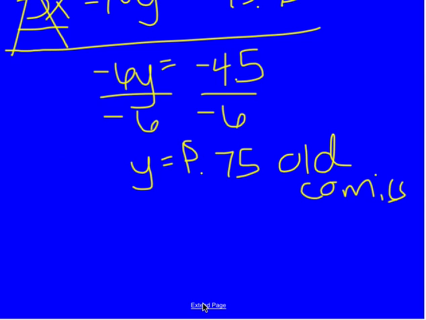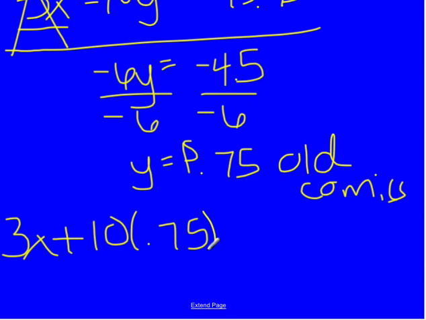Now let's take a look at plugging that back in to get x. So I have the original equation, 3x plus 10y is equal to 15.75. And remember, you can plug it into any equation. So I'm going to substitute 0.75 in for y, and that's going to give me this equation right here.